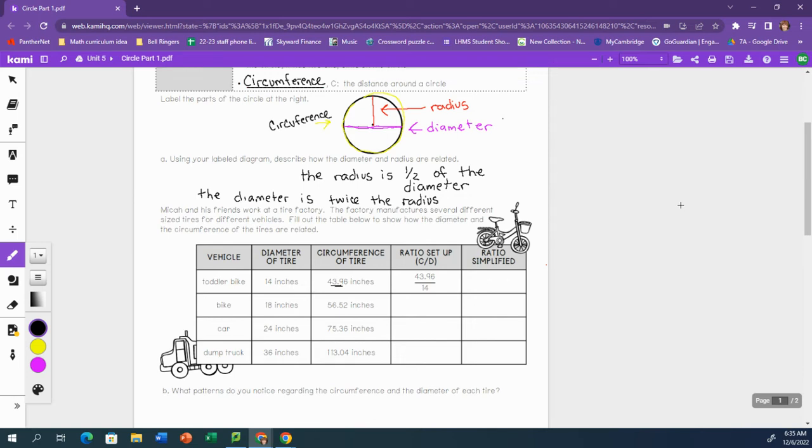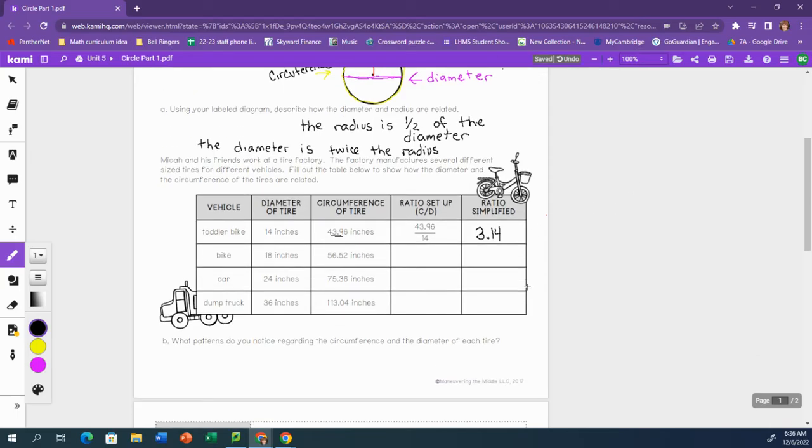And so if we took the circumference 43.96 and divided it by 14, I'm just going to do this for you instead of showing a calculator, we'd get 3.14. If we took 56.52 divided by 18, again we would get 3.14.